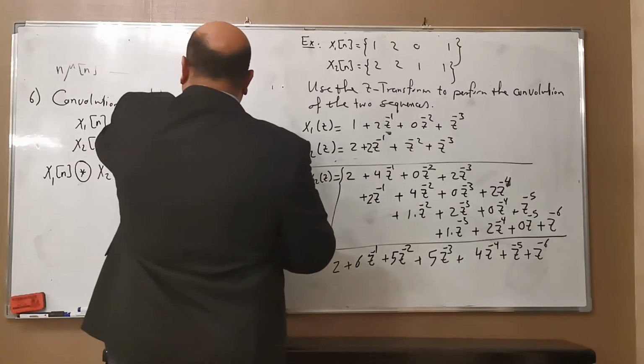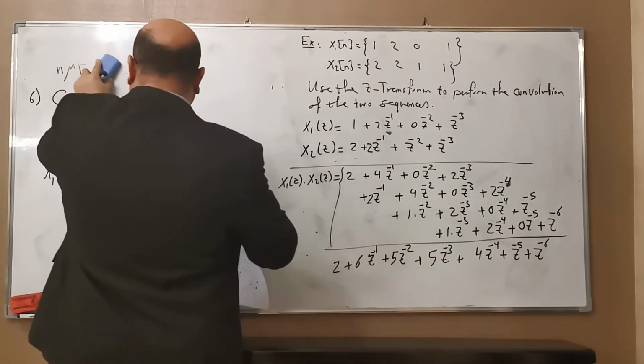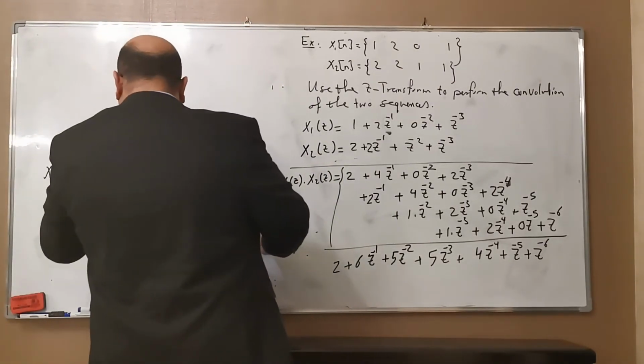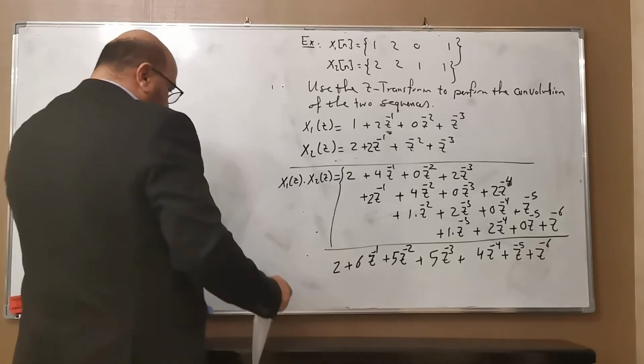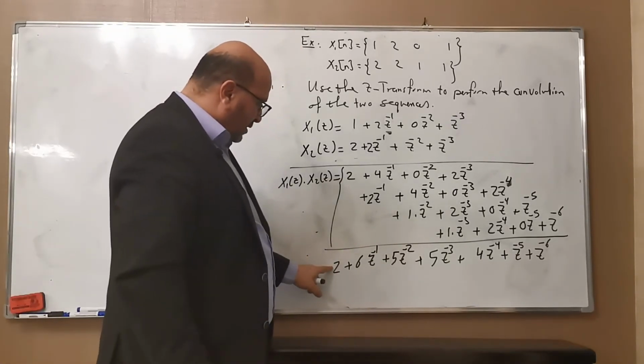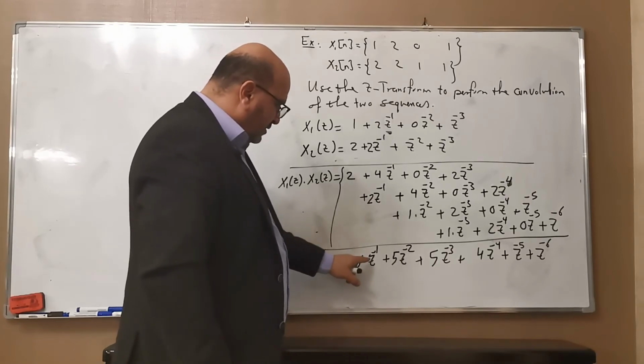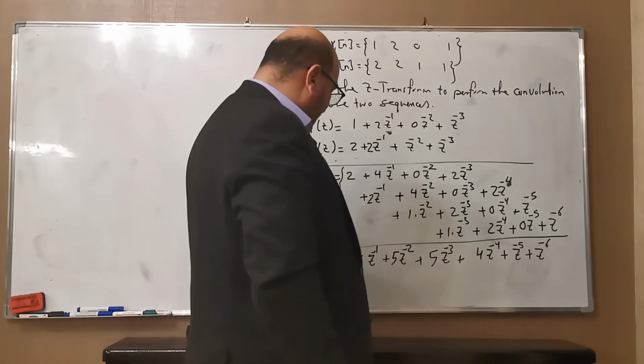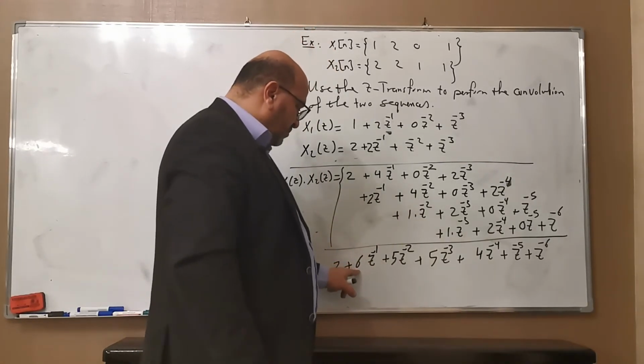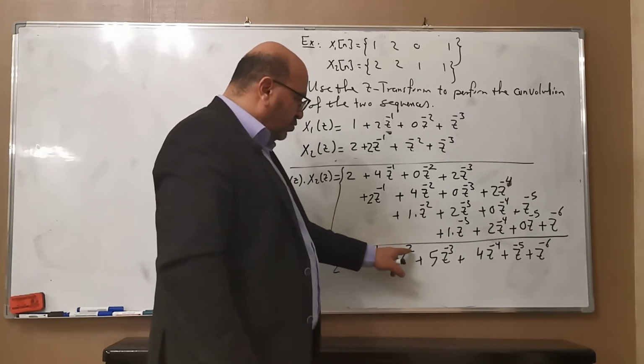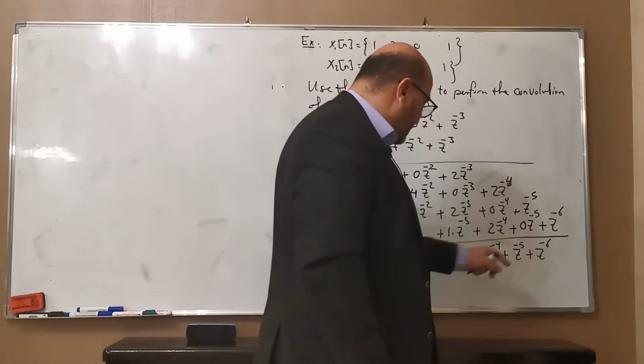We can go backward to find the sequence by inspection, going to the definition and knowing that this coefficient is for n equals 0, and the other coefficients are for n equals 1, 2, 3, 4, 5, and 6.